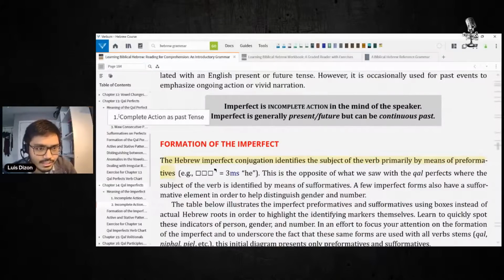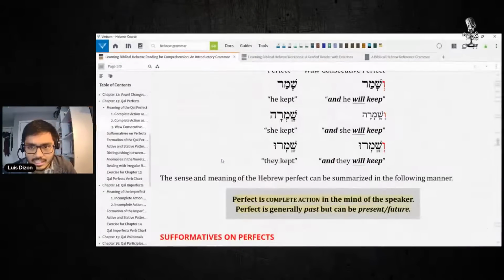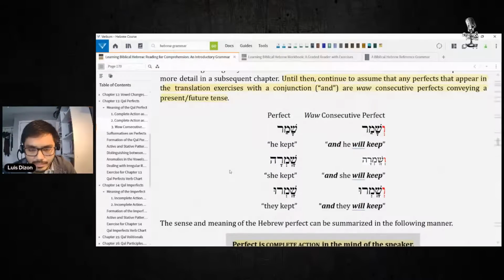So let me go back to the previous chapter that we covered last time. Notice in the perfect tense, shamar, shamra, shamru, there's never an extra letter added before it. There always is one added after it, except for the third person singular masculine, because that's the most basic form of the verb.